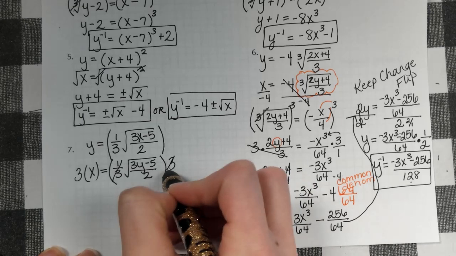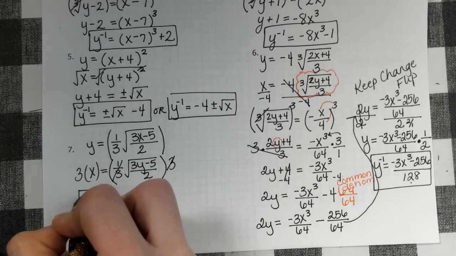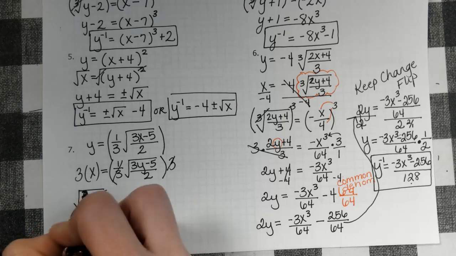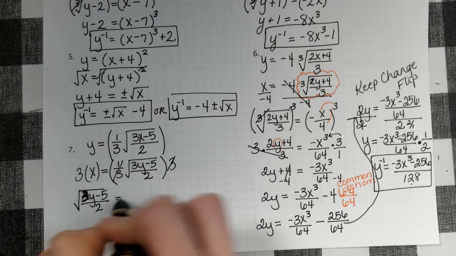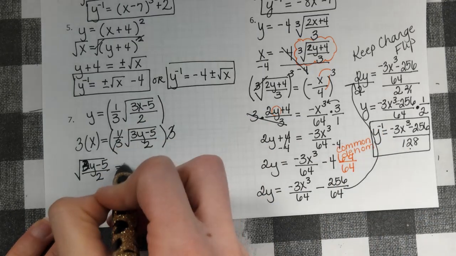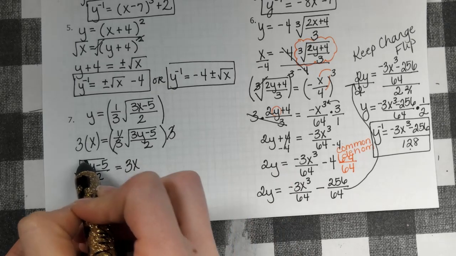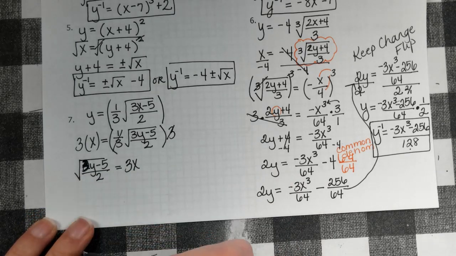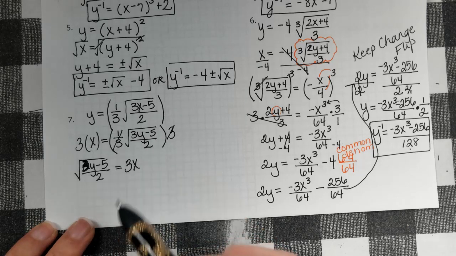Okay, that will cancel that 1/3, leaving me with the square root of (3y minus 5) over 2 equals 3 times x is 3x. Sorry, that looks like a blob, but that should be a 3. Okay, now what am I going to do?